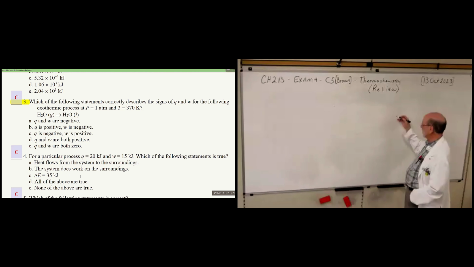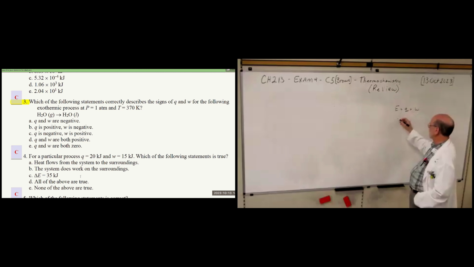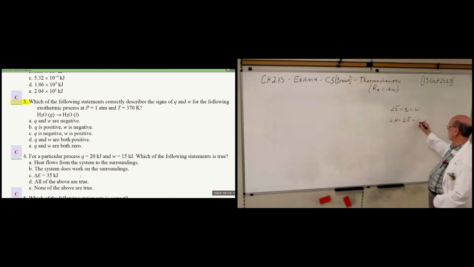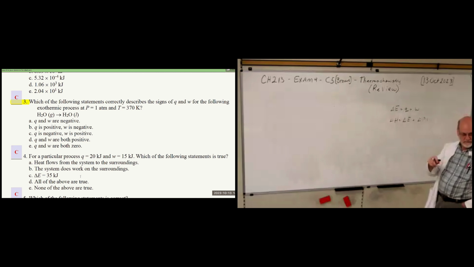Before we get to the next one, we had delta E equals Q plus W. The change in enthalpy is equal to the change in internal energy plus the change in pressure times volume. We derived it in such a way that if the pressure is constant, we bring the P out and only the volume changes.